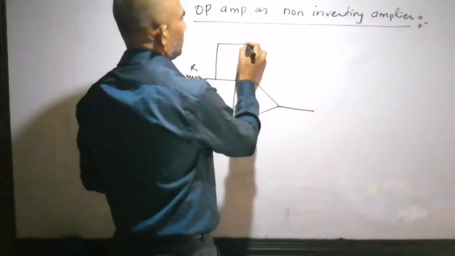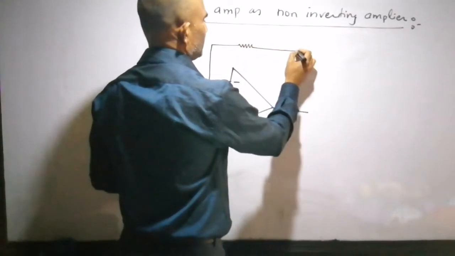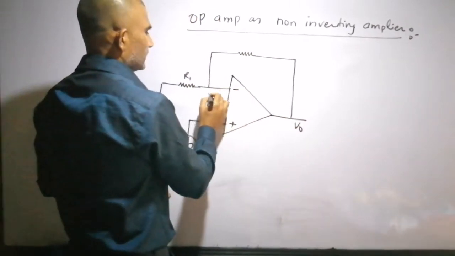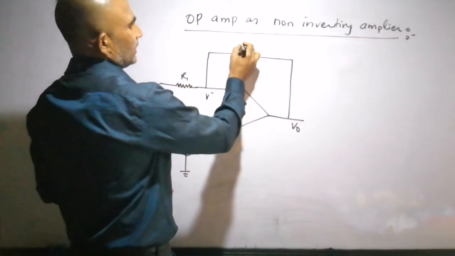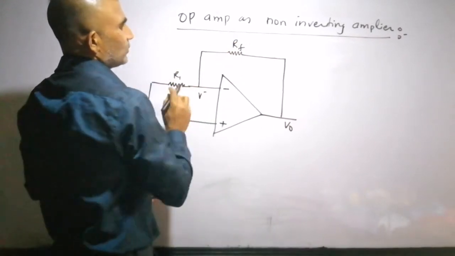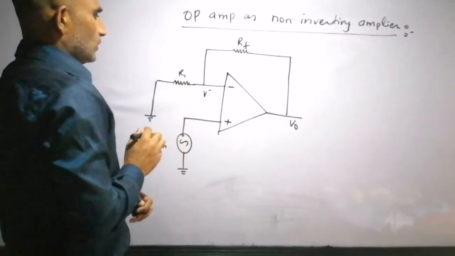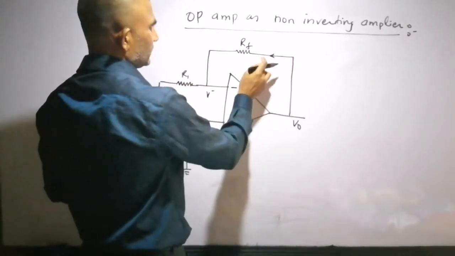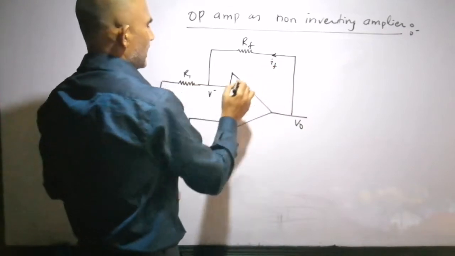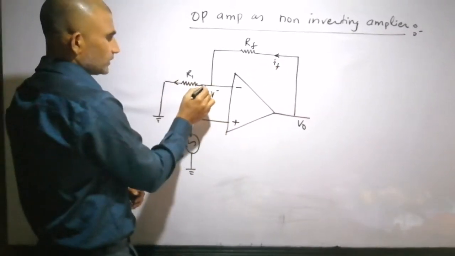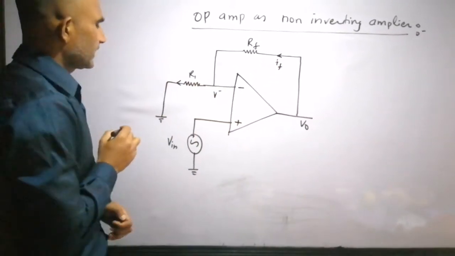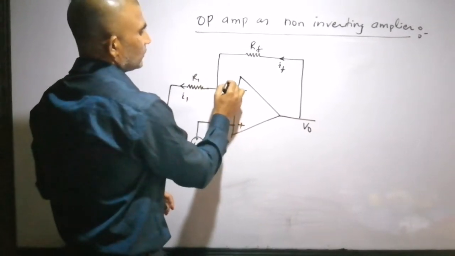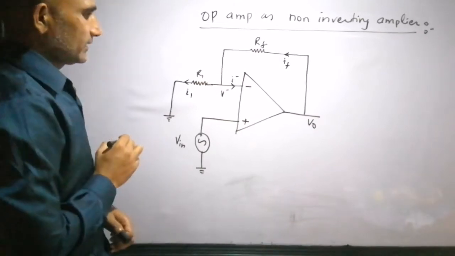We connect one feedback resistance between the output terminal and this inverting input terminal, and I give this feedback resistance the notation RF. Assume the current going from the output through the feedback resistor is IF, the current going through the series resistance is I1, and the current, if any, going into the inverting terminal is I minus.